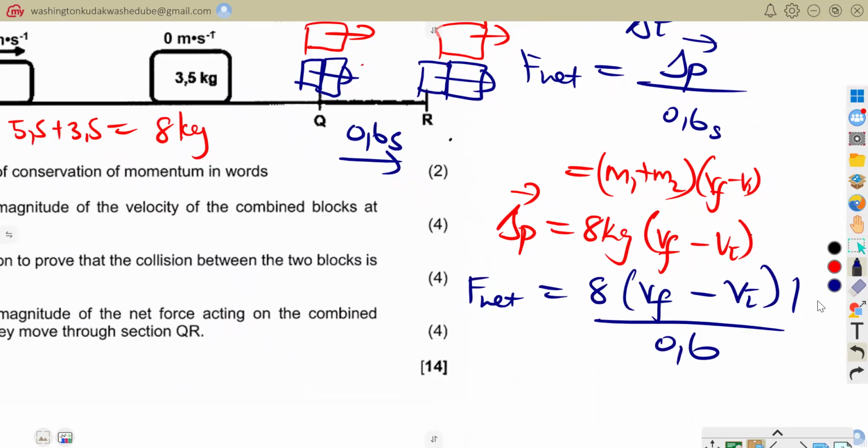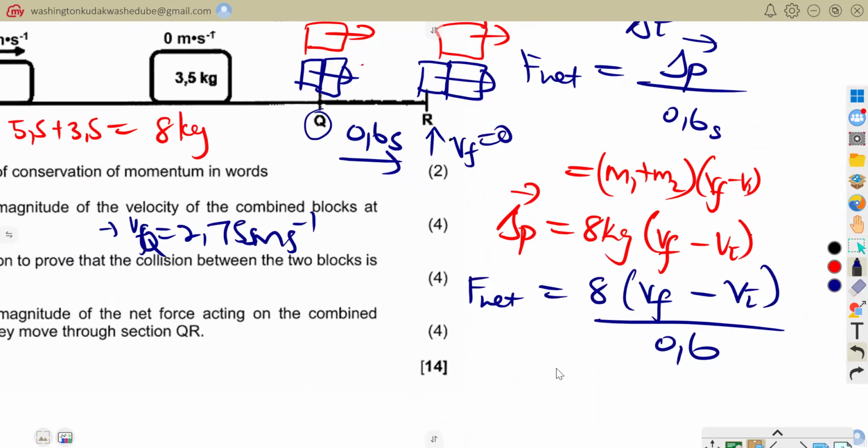Now, my initial velocity of the two objects when they are here is the velocity that we found earlier, 2.75 meters per second. This was the final velocity, the velocity at Q. And then when they get to R, they come to rest, so their final velocity here would be 0.